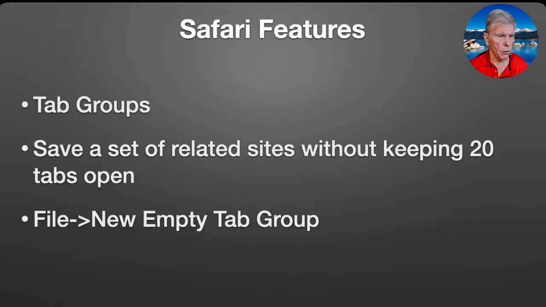So you can see that opens and closes with a little arrow. And I want to go to my tab group, which I created earlier, and I can't find it.